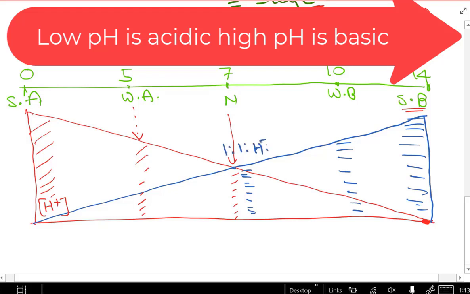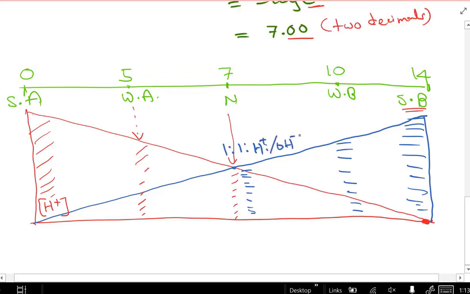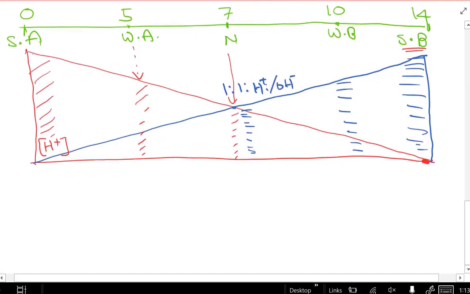So that's why it's neutral. So H plus is equal to hydroxide ion concentration at pH 7. That's neutral. And also the red and the blue triangles show that, right? But I would try to memorize the shape of the red triangle and the pH numbers.